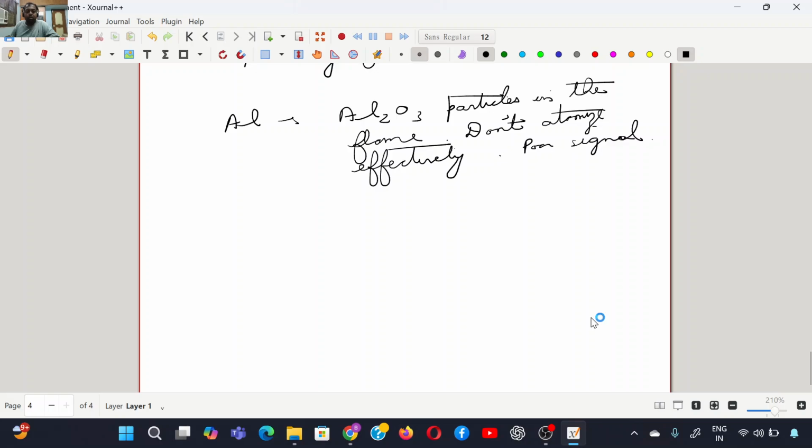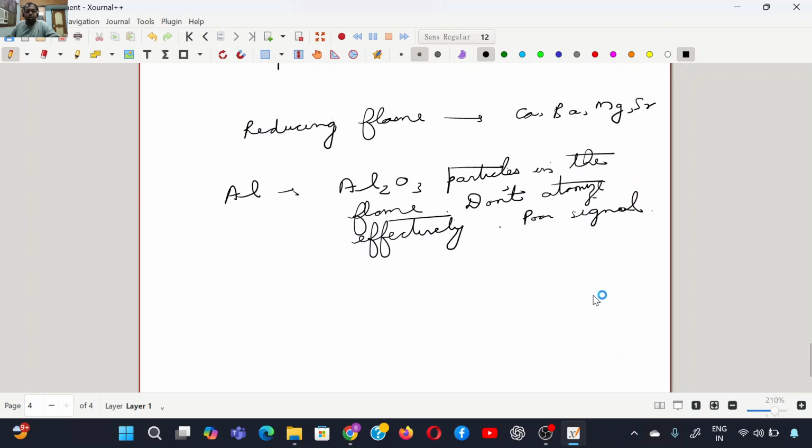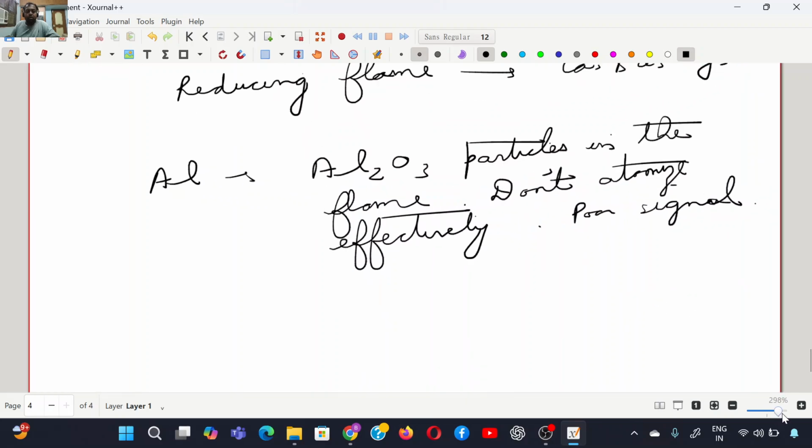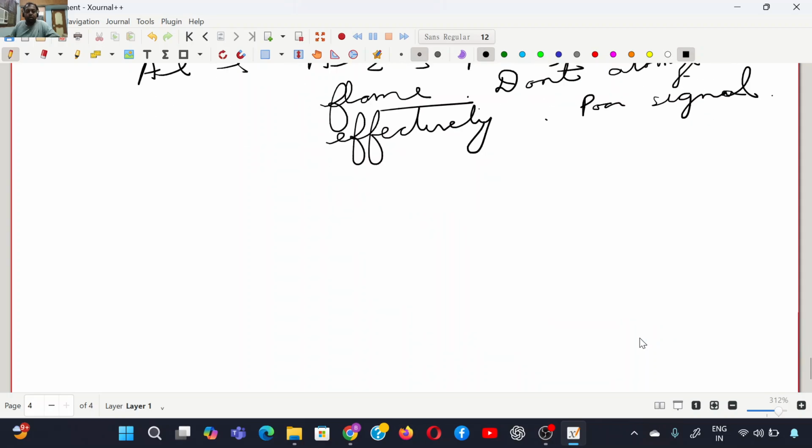Like that, for magnesium and for chromium, the absorbance peaks at a particular flame height. For instance, for magnesium, the absorbance increases with increase in flame height, peaking around 2 centimeter, beyond which it decreases. For chromium, which is a refractory element, maximum absorbance is at 1 centimeter height.